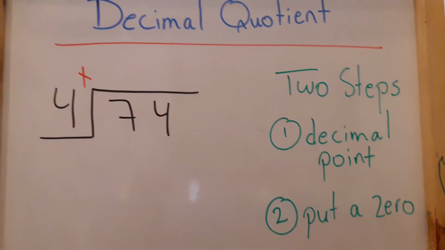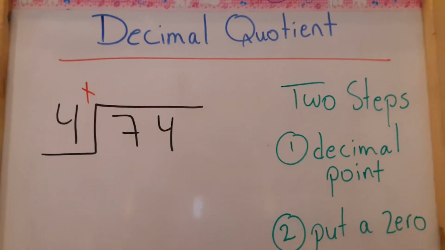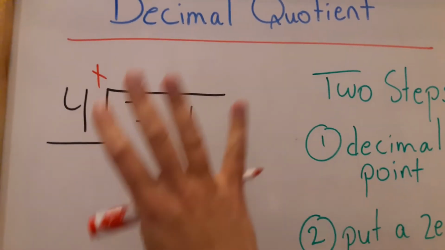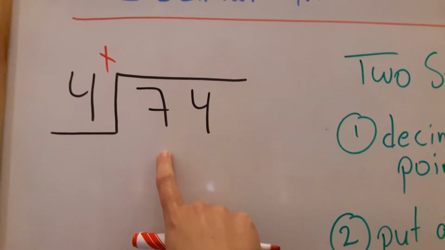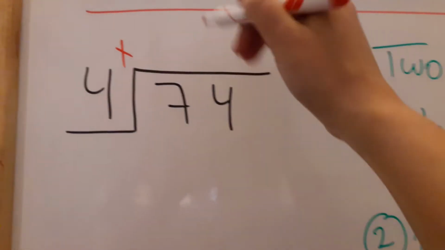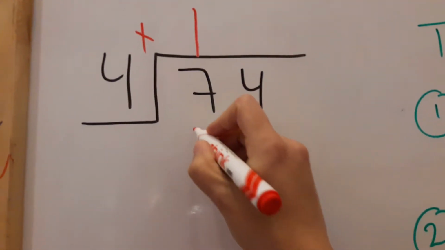Once again, another example. We have 74 divided by 4. Let's begin the normal division. 4 times what gives me 7, or a number closer to 7? We have 4 times 1. I'm going to put 1. 1 times 4 is 4.